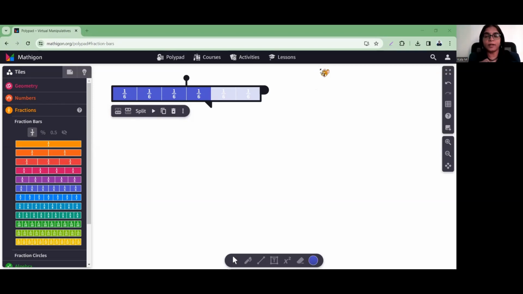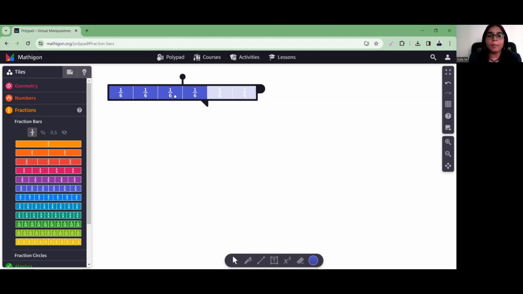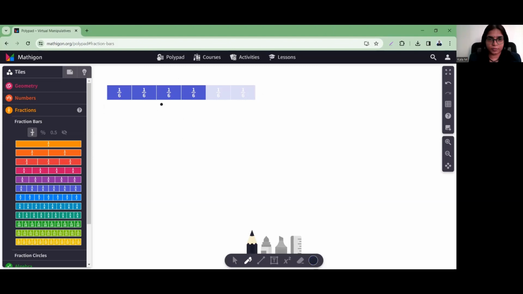Now, in learning types of fractions, there are two major categories. If I am taking this one, first I want you to answer along with me while I am doing this video. So, how would you call this blue shaded part? If you remember, we had told it is 4/6, right?